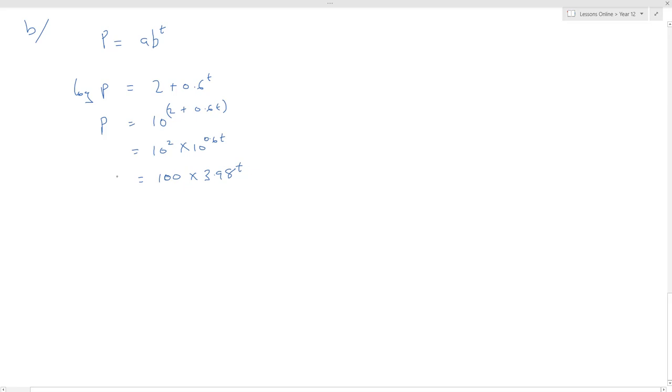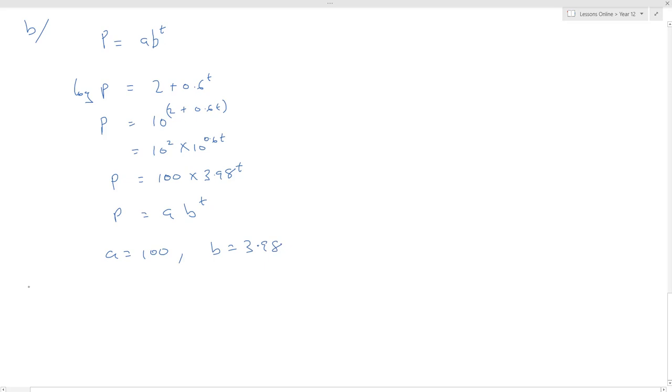So if we compare this with our original equation, P is equal to A B to the power of t, we can see that A is equal to 100 and then B is equal to 3.98.